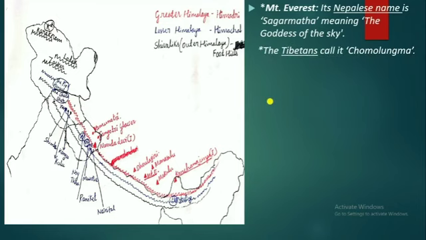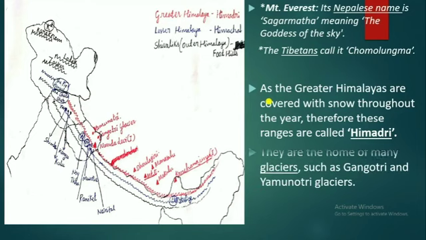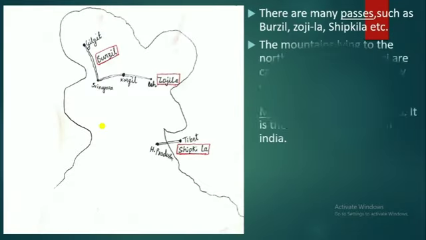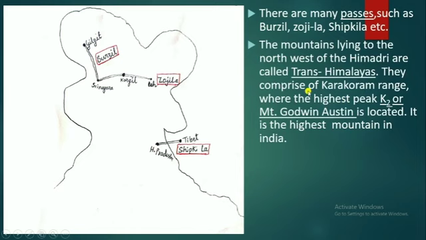And the Nepalese name of Mount Everest, Sagarmatha, and Tibetan name. And Himadri, why do we call this Greater Himalayas Himadri? And some glaciers we can see in the Gangotri and Yamunotri. And some passes we can see. Okay, Burjil Pass, Jojila Pass, and Shipkila Pass.